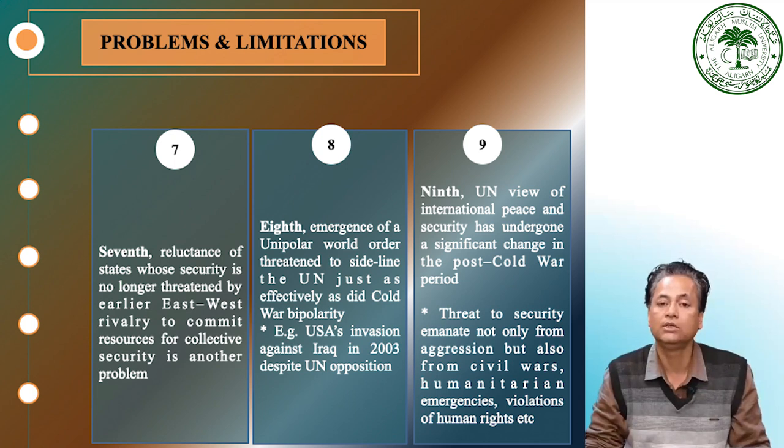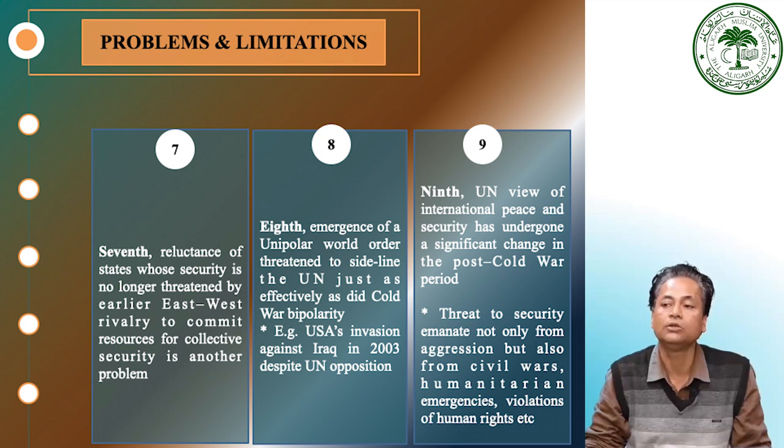You must have heard the statements by India's foreign minister Mr. Jaishankar, who said that Europe should come out of the earlier mindset that European problems are global problems, and global problems are not European problems.